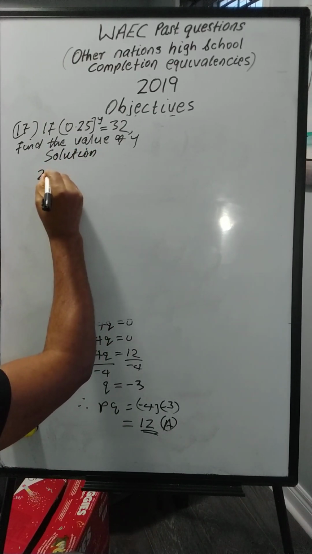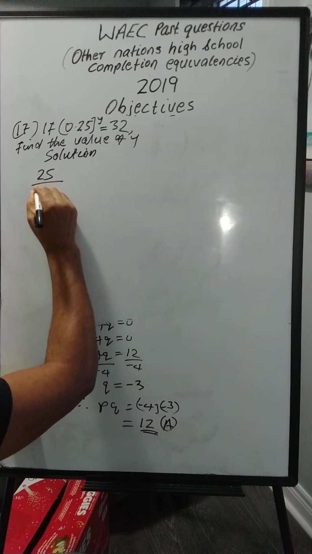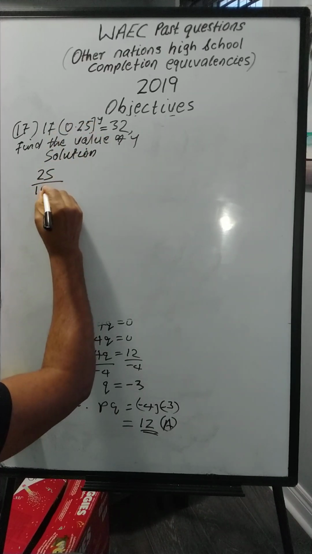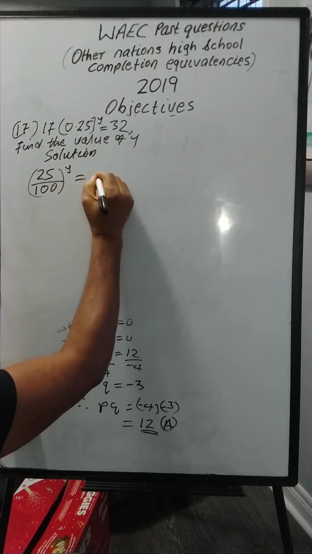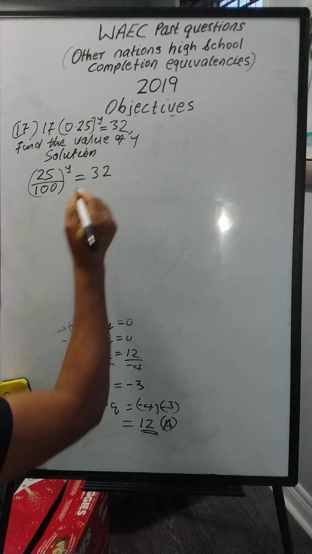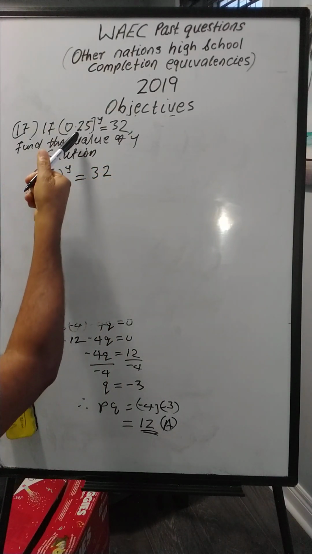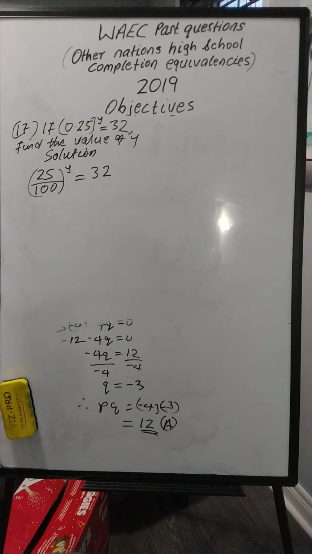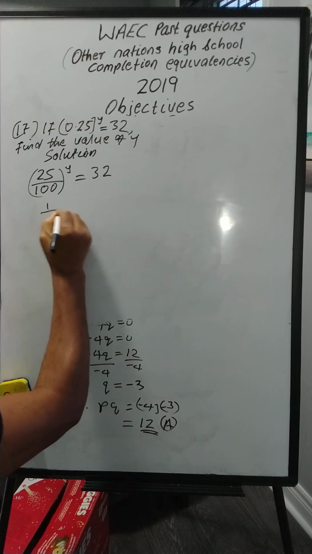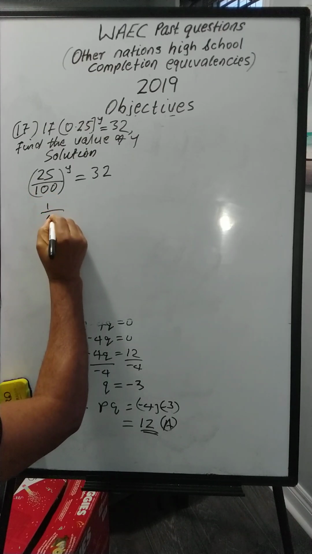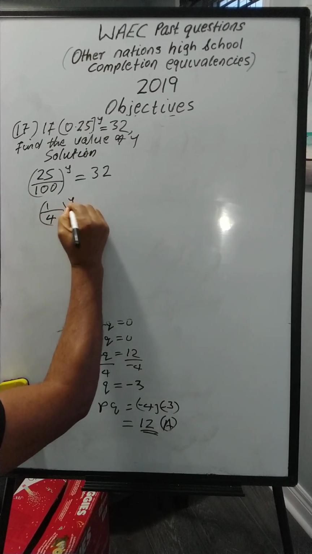We have 25 over 100 raised to power y is equal to 32. We have changed the decimal fraction to ordinary fraction. And 25 divided by 100 will give us 1 over 4, to power y.